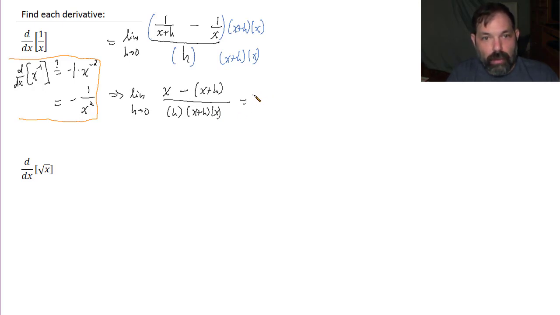Simplifying in the numerator, this is the limit with h approaching 0, x minus x minus h. The x minus x goes to 0, and I'm left with a negative h in the numerator. Hey, that's convenient because I've got a factor of h in the denominator. The factors of h reduce out.